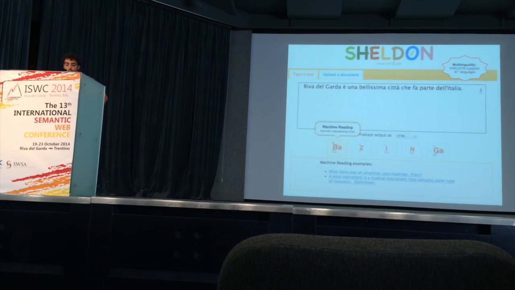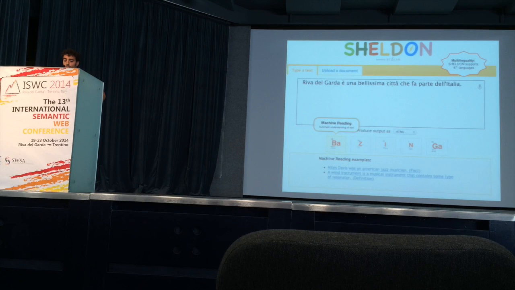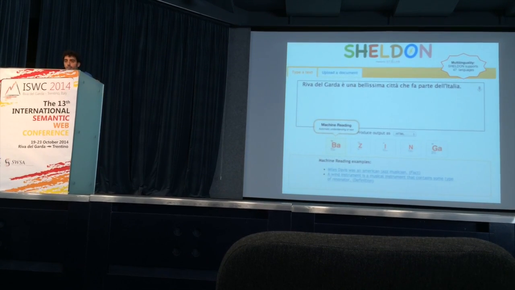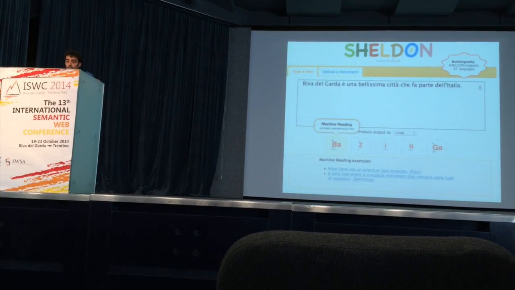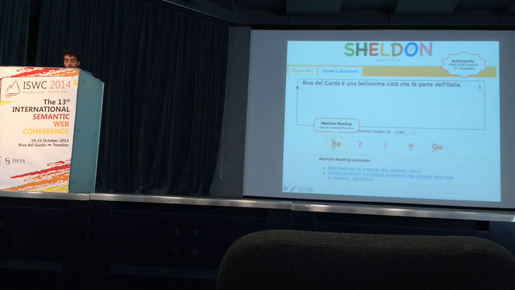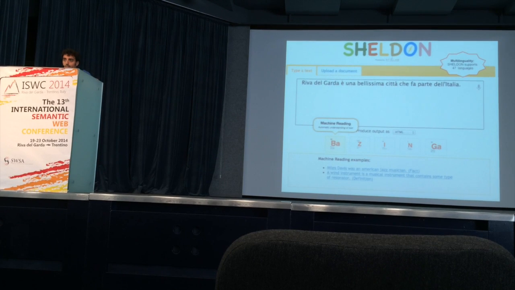Here, this is the main Google-like visualization of Sheldon, and in input, it asks for some text. It might be one sentence, more sentences, or even a document. You can see the tab on the right where you can upload a Word document or a PDF document containing some text, or you can just type some text.